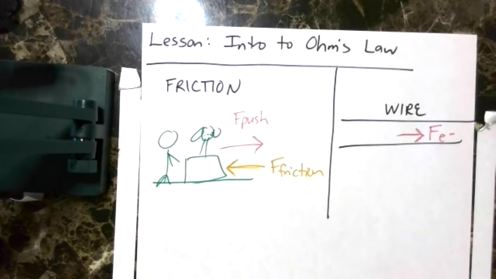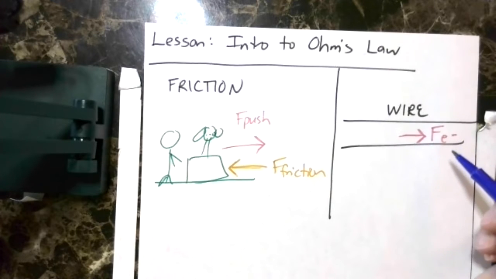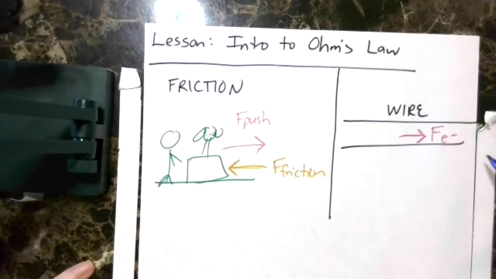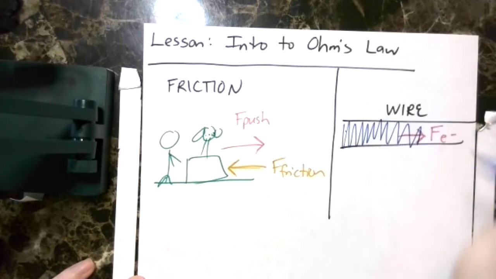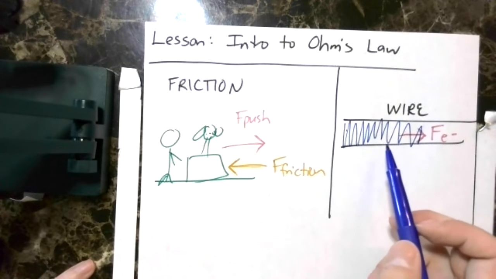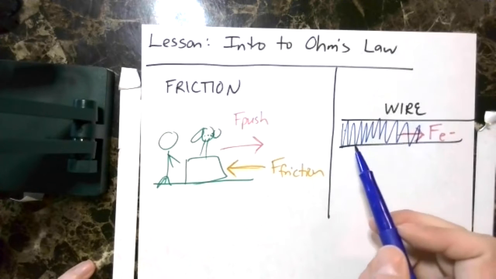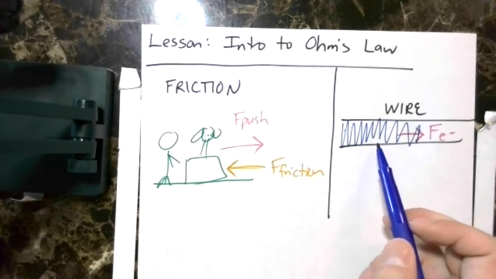But as Carter said, think about the sheer number of electrons in this wire. So I'm going to represent that as a squiggly line. Lots of electrons. Imagine these electrons are in a mosh pit for a concert. They're not going very far until they bump into someone else, right? So another electron or the wire.